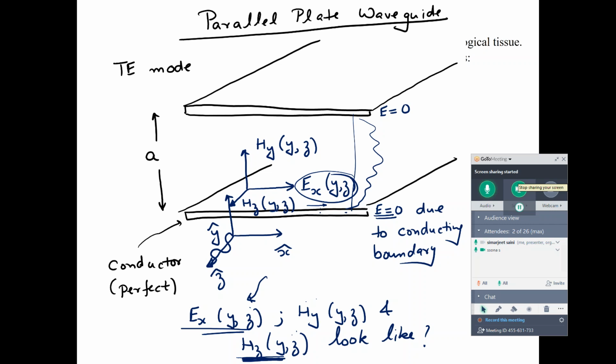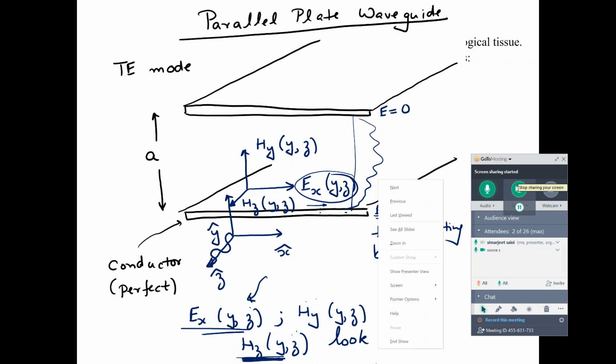But it doesn't matter which way you start with, the final answers always turn out to be exactly the same. So I always like to start with the electric fields, and I look for the components of the electric field which are parallel to the conductor boundaries, because I know that the electric field has to be zero there.